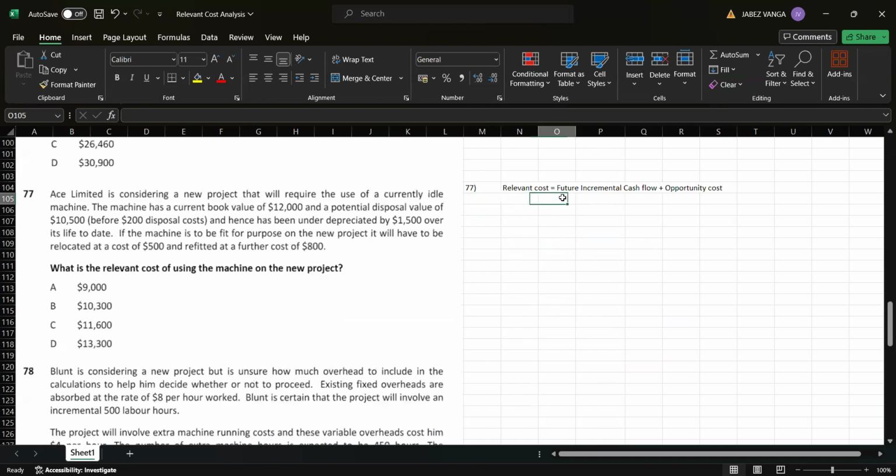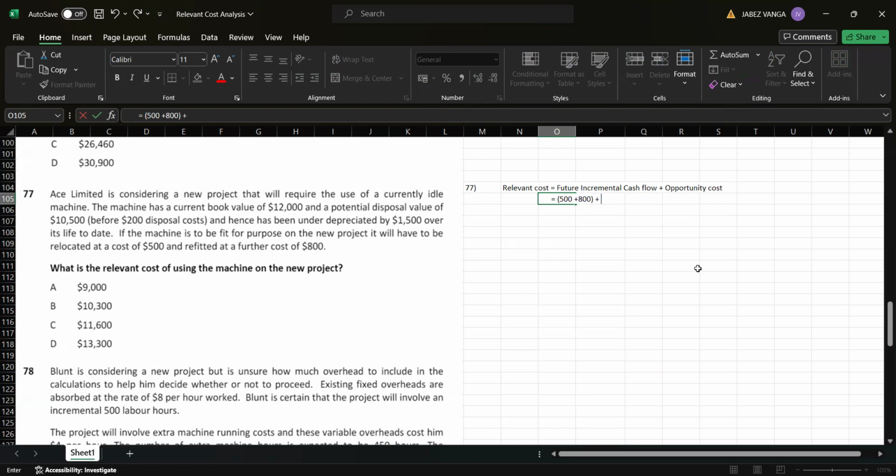There are two aspects. One is about future incremental cash flow. If the machine were to be used on this new project, they have to spend on relocation 500 plus another 800 has to be spent on this machine so that it can be used.